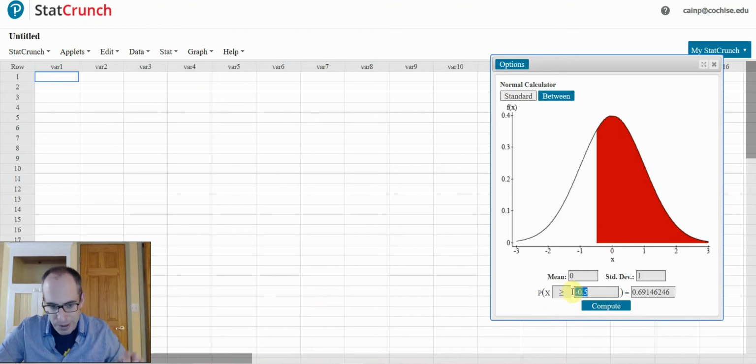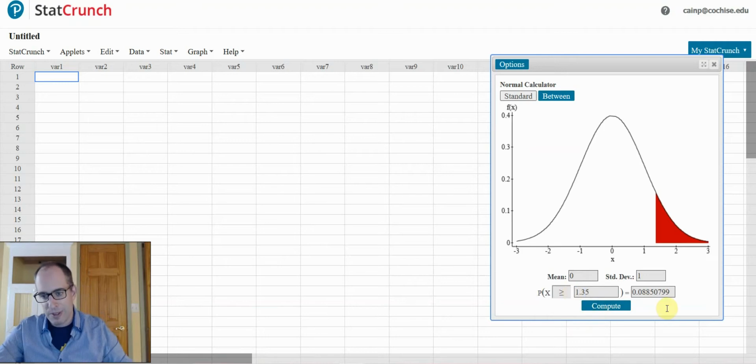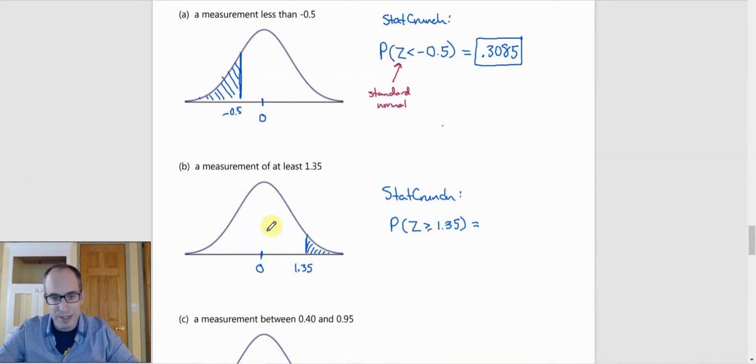And then I need my cutoff to be 1.35, then compute, and there we go, 0.0885. All right, and then you can look up at this picture here too and say, oh yeah, this looks like this sketch right here. So it looks like we've got it set up correctly. So in a way, the picture kind of acts like a check if you draw the picture yourself when you start everything up here.